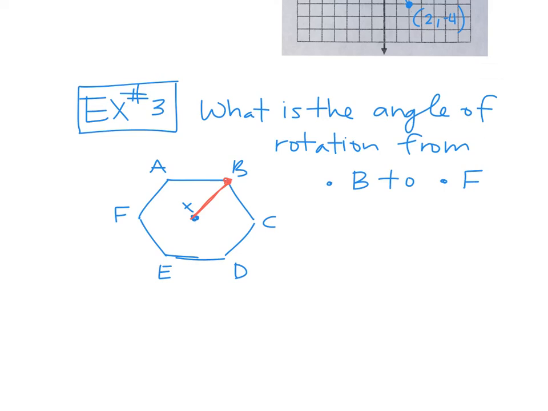And we go clockwise or counterclockwise? Counterclockwise. So we're going this way until we get to point F. I want to know, what is this angle?